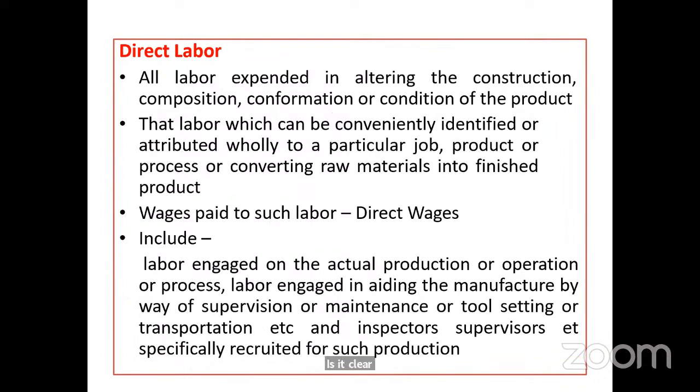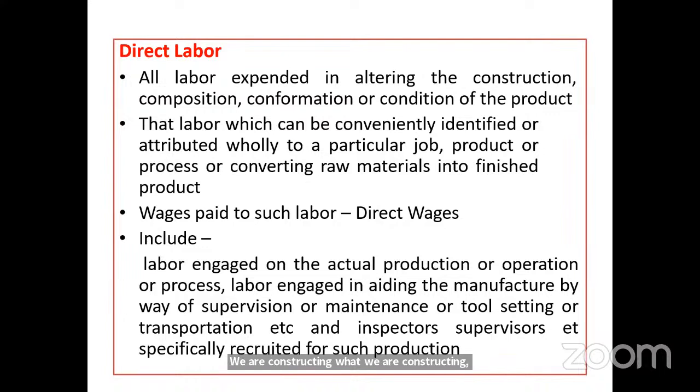Next, we are now discussing direct components, then we'll discuss indirect components. Again, direct labor: all labor expended in altering the construction, composition, conformation, or condition of the product. Take the example of a bakery item. We are constructing bread.